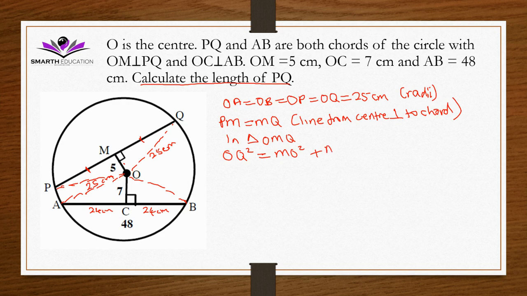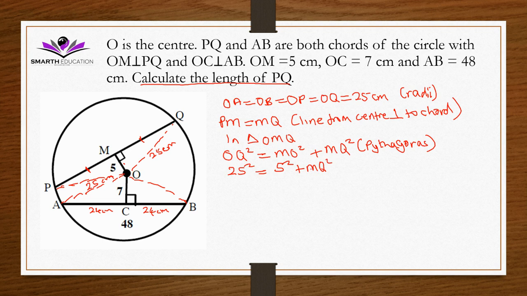Plus MQ squared. Okay, why? Pythagoras. Or you can write Pythagoras' theorem. Right? OQ is 25, so 25 squared is equal to 5 squared plus MQ squared.